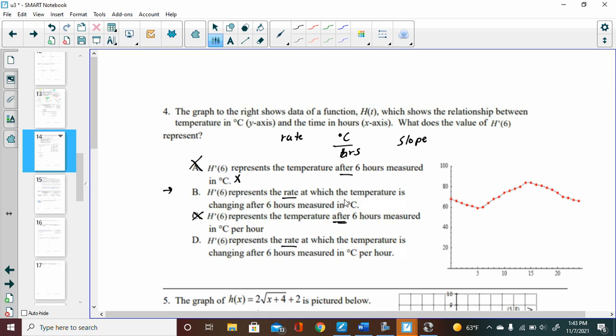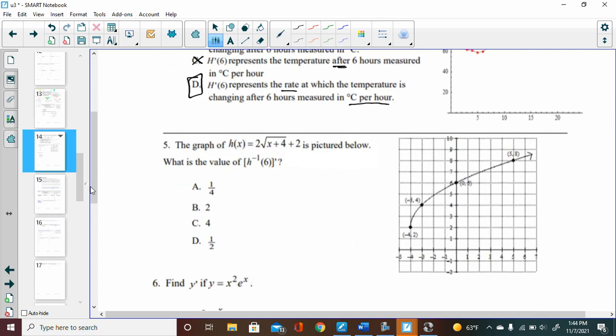Okay. So it says it represents the rate at which the temperature is changing after 6 hours measured in C degrees. Maybe. Represents the rate at which temperature is changing after 6 hours measured in Celsius per hour. And this is the most precise way we might describe this derivative.